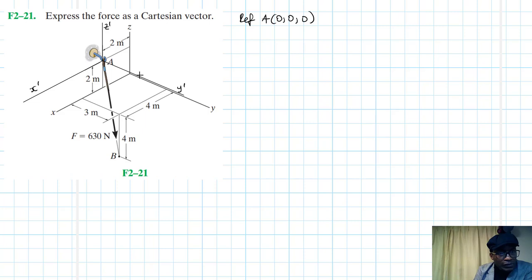So let's look out for the coordinates. Let's look at the point B. So the point B in the x-axis. So let's write it down. So RAB, which is also equal to just RB because our reference is A, is just going to be equal to what's the coordinate in the x?